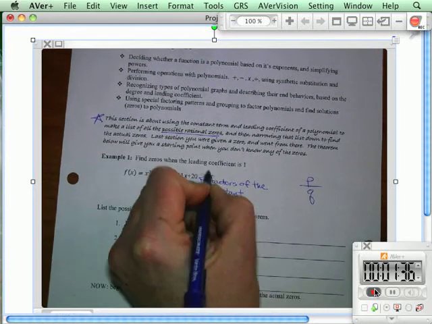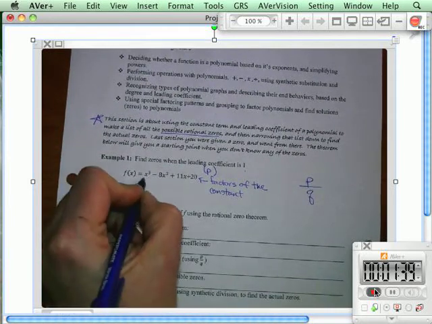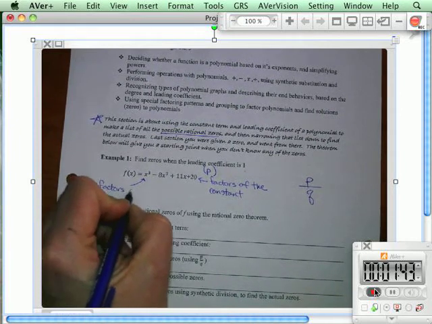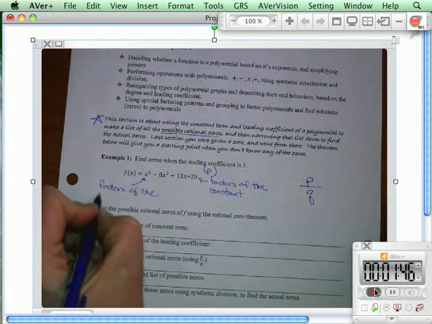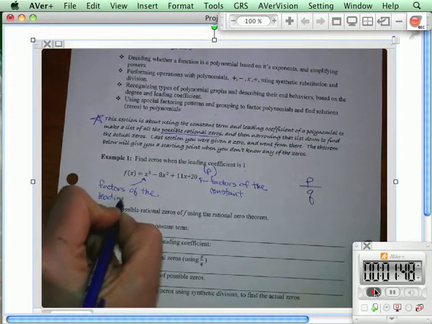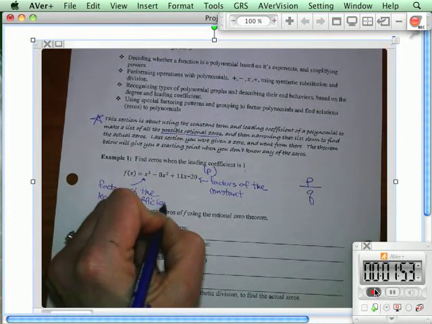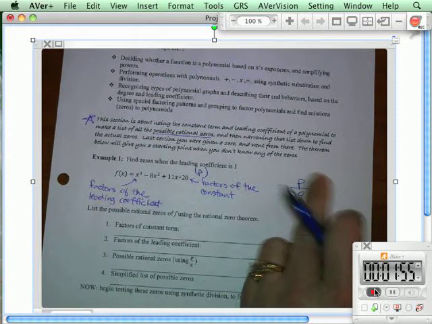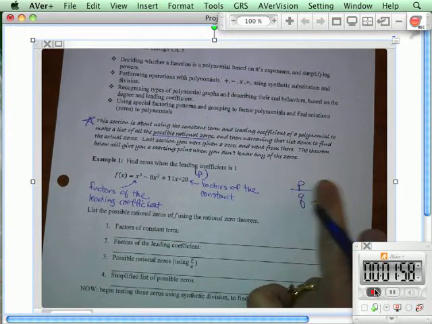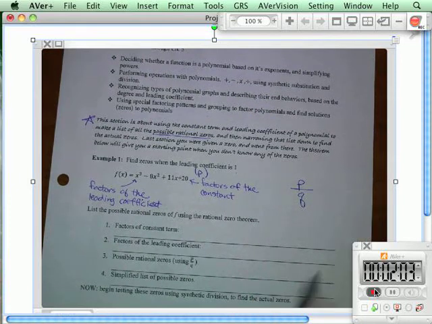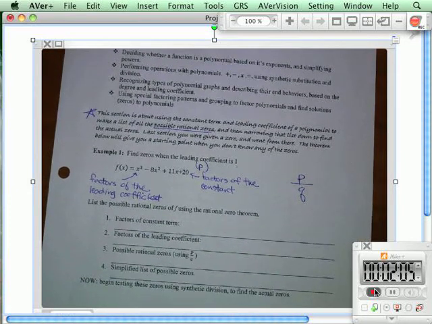And Q is all the factors of the leading coefficient. You're going to list all the factors of the constant, divided by all the factors of the leading coefficient, to find all your possible rational zeros, and then narrow them down to find out the zeros of the polynomial. All right?